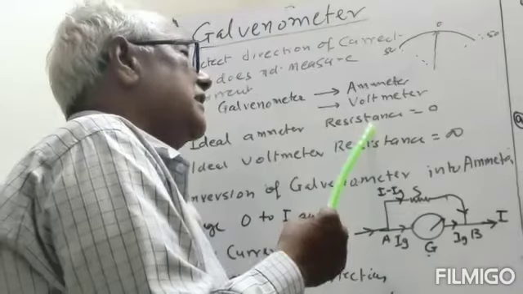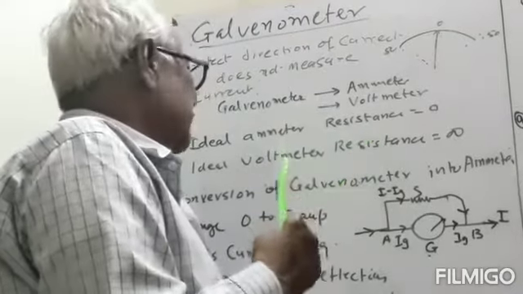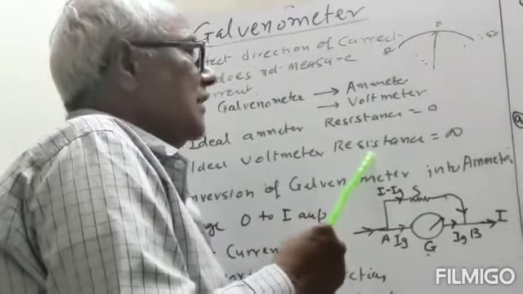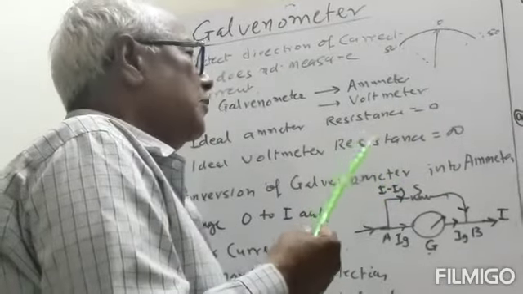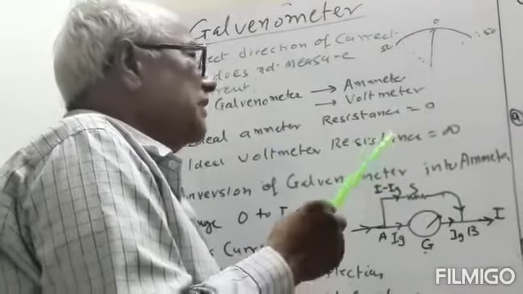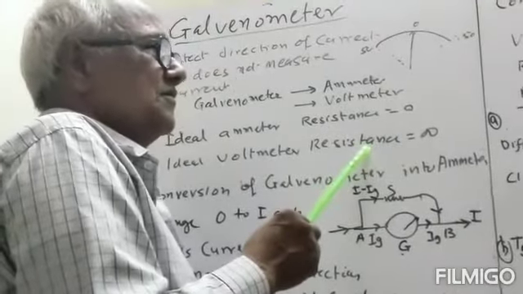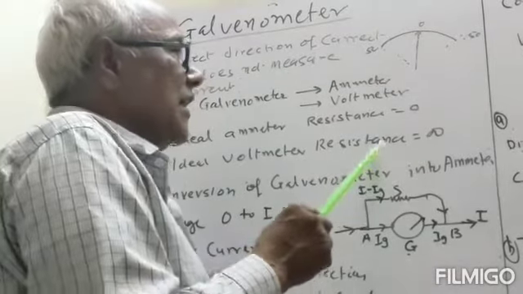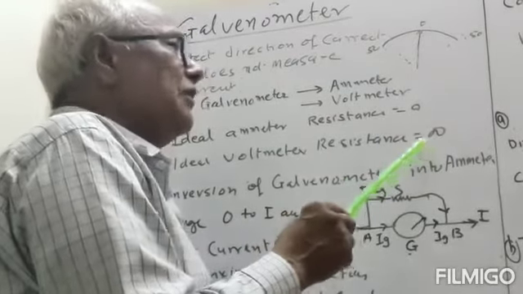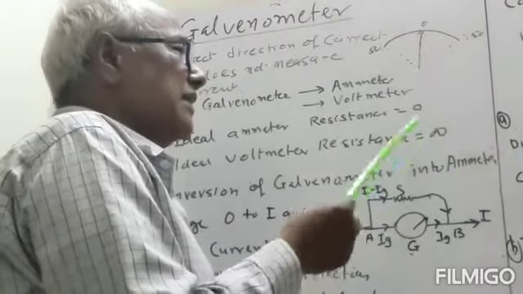Ammeter is always connected in series and voltmeter is always connected in parallel. If we put the voltmeter in series, what will happen? If we put the voltmeter in series, then its resistance is very high. So, it will change the current drastically.